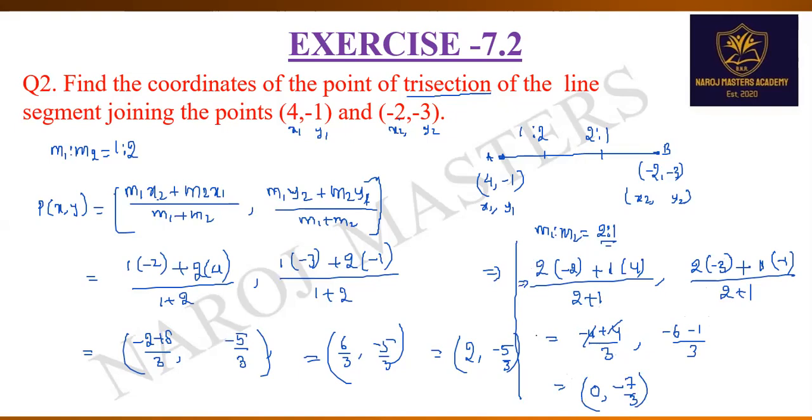These are the two coordinates. The first coordinate is 2 comma minus 5 by 3. The second coordinate is 0 comma minus 7 by 3. Maybe these 2 points are on this side, that depends on the line coordinates. Okay, now look at question number 3. So these are the 2 coordinate points.